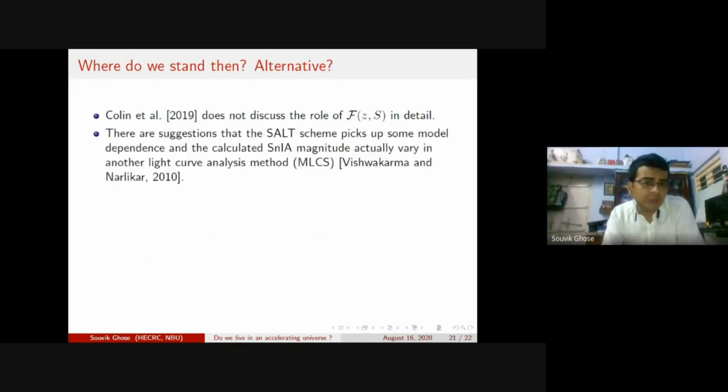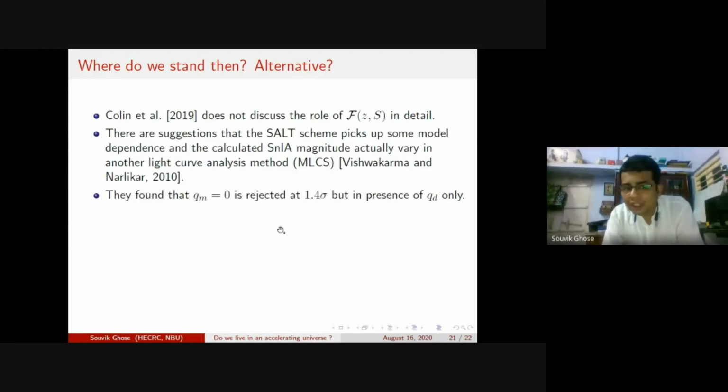Also, in the SALT scheme they actually use the SALT2 template, but this template has issues. There are other methods of model independent parameterization, for example MLCS, and there is substantial mismatch between SALT and MLCS. Also, there has been a suggestion that the SALT scheme does pick up some model dependence, and they are not completely model independent at all.